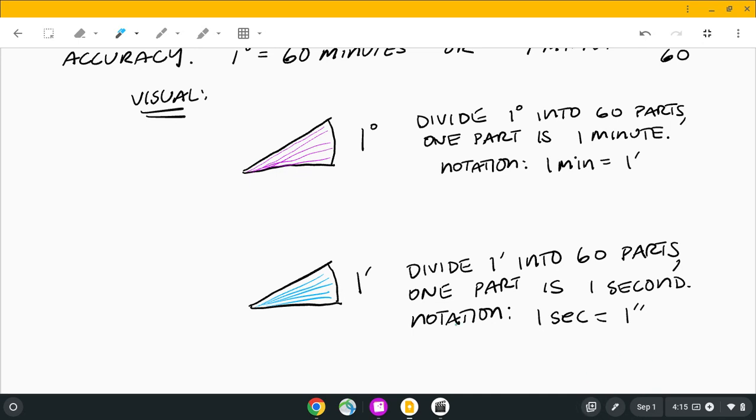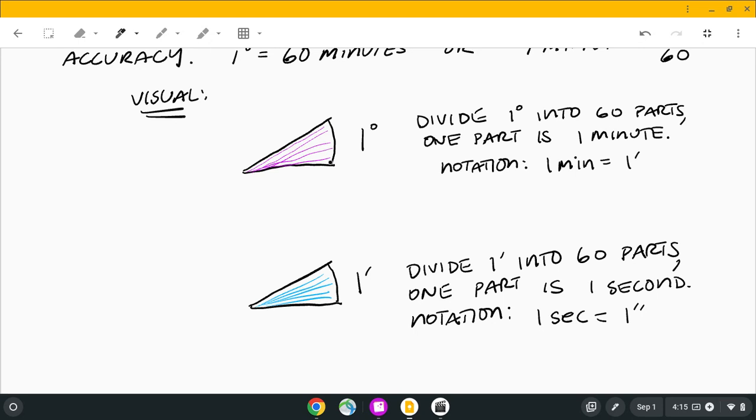You have to remember that my drawing here is, of course, not to scale. It's zoomed in, and that's why these look like they're the same thing, but they're not. It's like I took one of these slices and zoomed in on it.